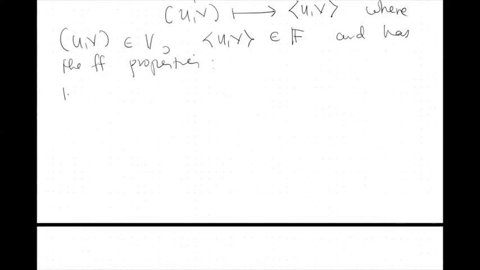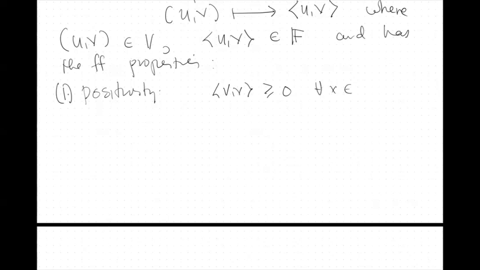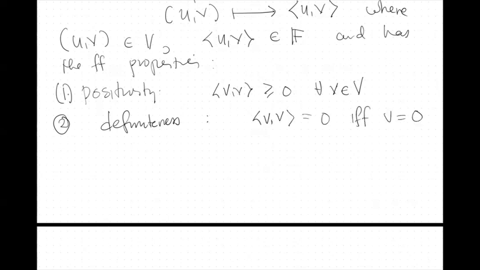Number one, we get positivity. This means the inner product of V with V is greater than or equal to 0 for all V in our vector space V. Number two is definiteness. This is the inner product of V with V is equal to 0 if and only if V is equal to 0.